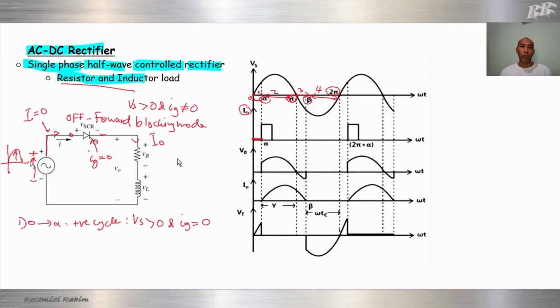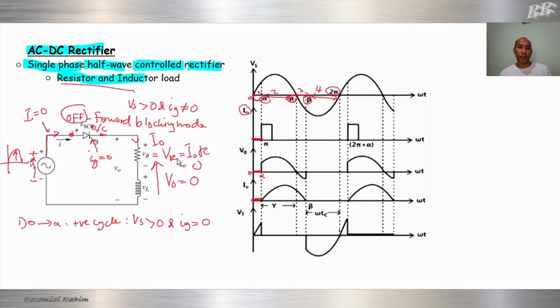So when I out equal to 0, V out will be equal to 0. So at 0 to alpha, our output is 0. I naught also 0 due to open circuit here.